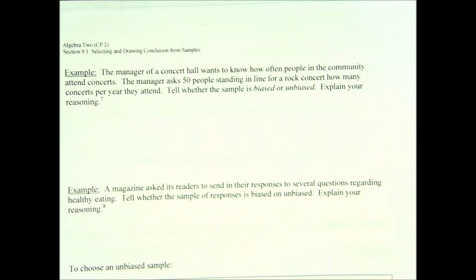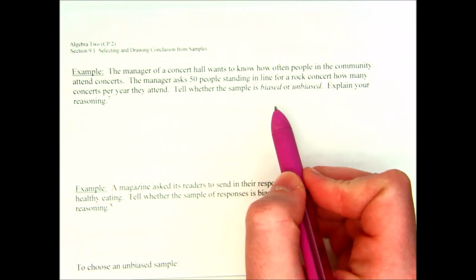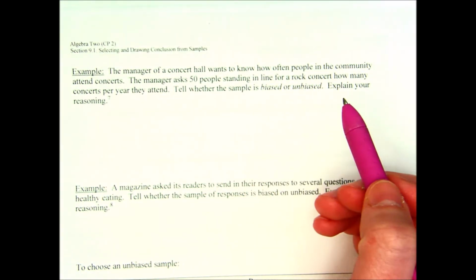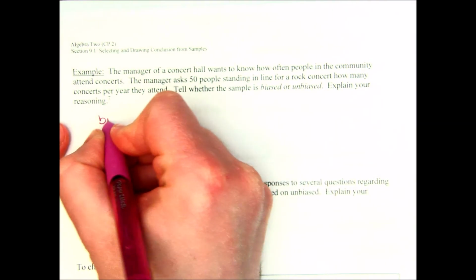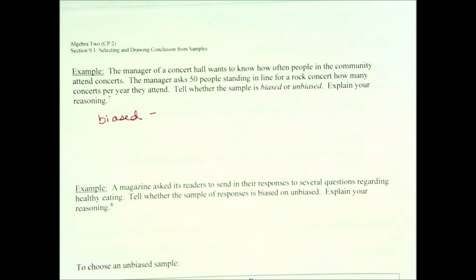In the first one, we're told the manager of a concert hall wants to know how often people in a particular community attend concerts. He asks 50 people who are standing in line for a rock concert how many concerts per year they attend. We want to figure out if that sample is biased or unbiased. Well, hopefully you would realize this is a convenience sample. He's going with people who are already there. But there's another issue beyond that. It's biased because I think that people who are standing in line for a concert are probably more likely to attend concerts than just anyone in the general population.